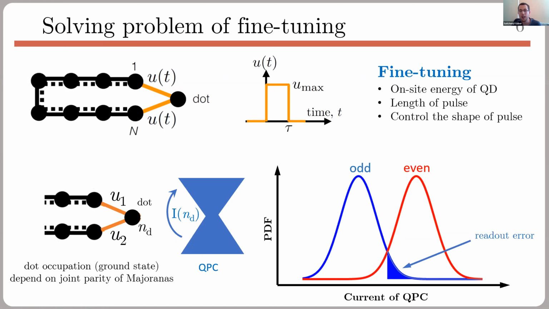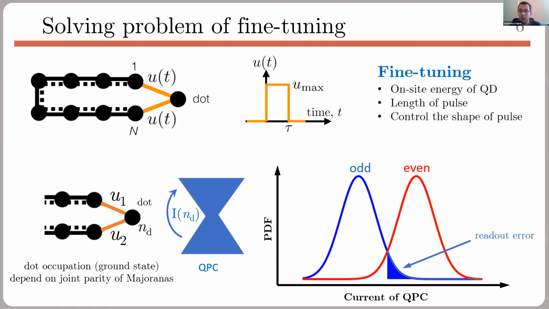So here we can see a sketch for the outcome of a measurement. This is the probability density function of the current of the QPC, the quantum point contact. We see nice Gaussian curves, one for the odd ground state and one for the even ground state. We can easily distinguish between them with a simple likelihood method.